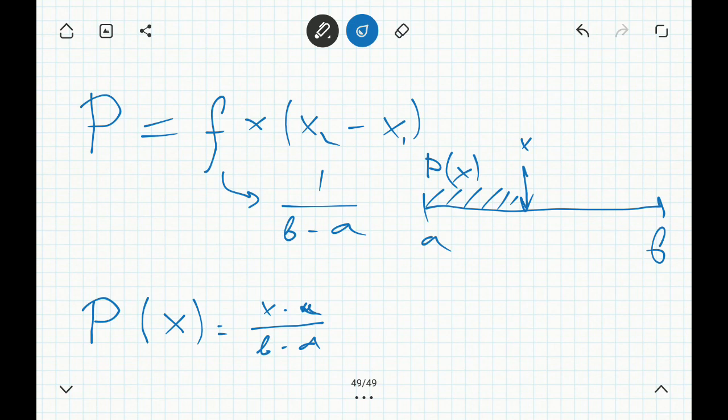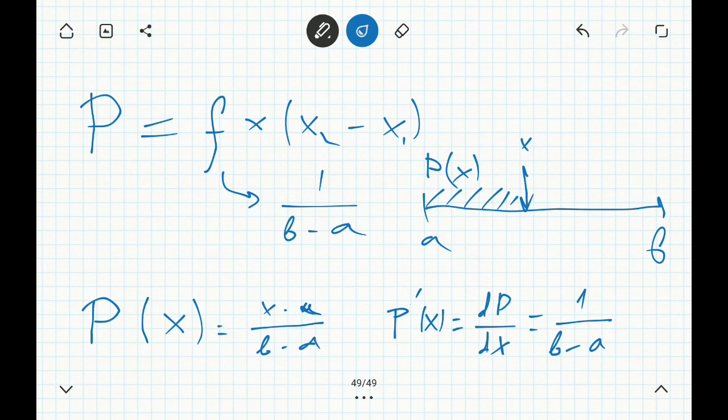So we can take the derivative. Most probably you denoted the derivative by a prime, or maybe by dp over dx. Whatever you did, you will get 1 over b minus a.